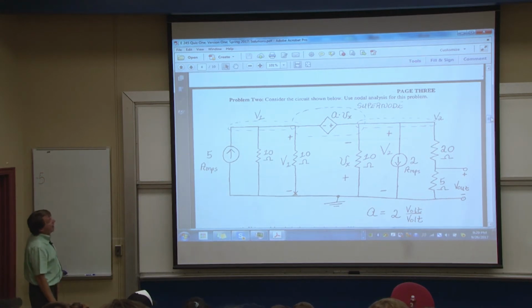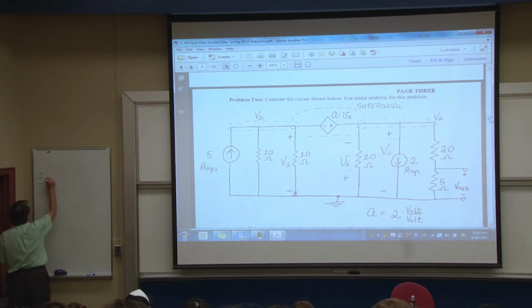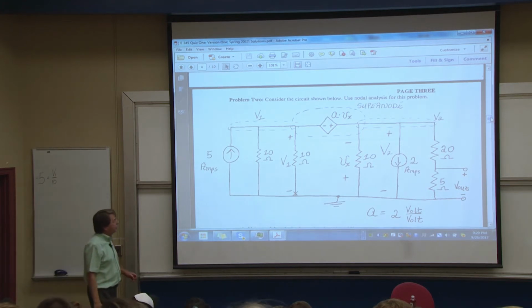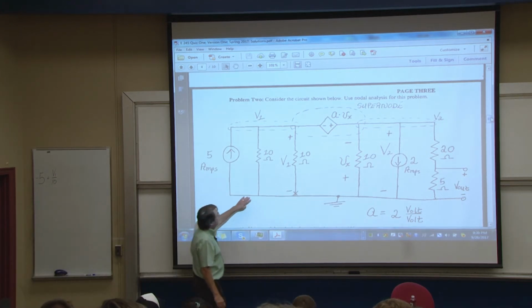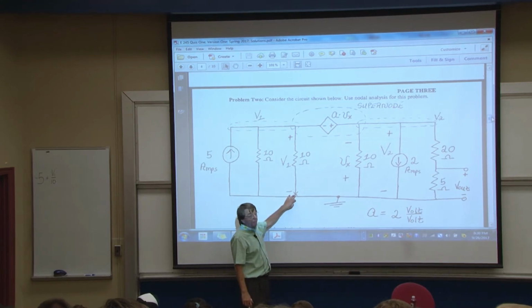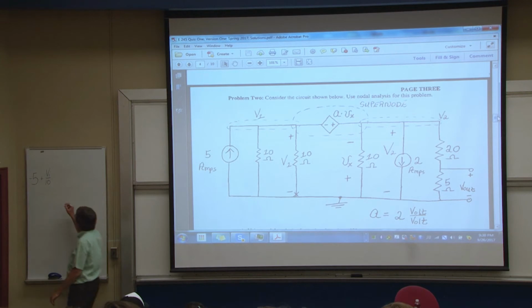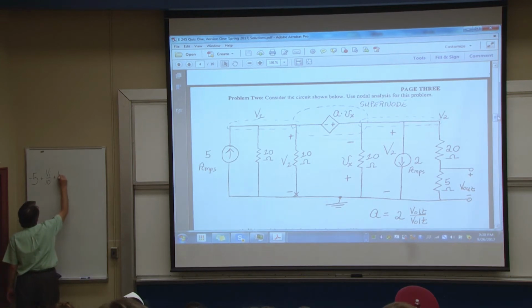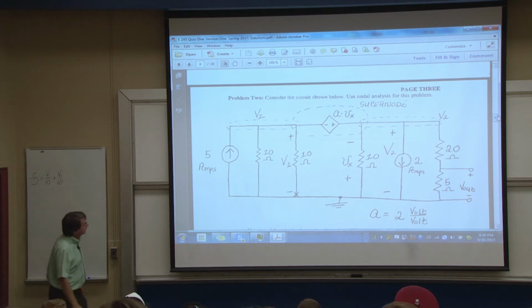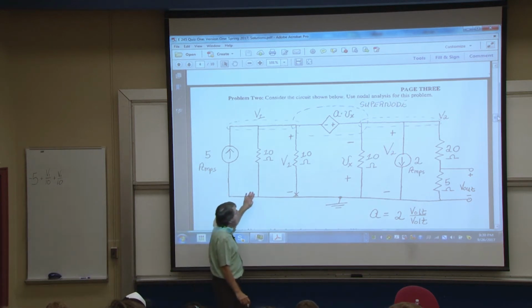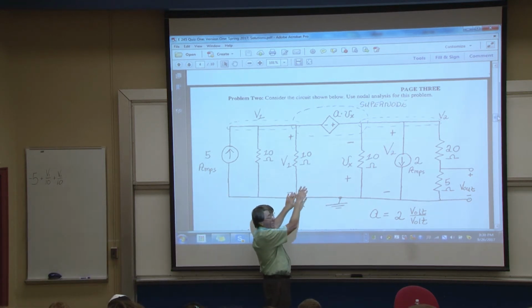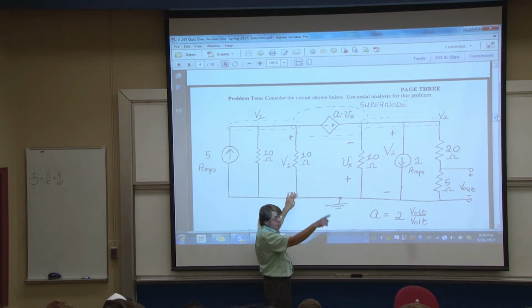That's minus 5 plus V1 over 10. That's V1 minus 0 over 10. Plus another V1 minus 0 over 10. Plus V1 minus 0 over 10. 1, 2, 3. Now, I'll get back to the supernode, but I'm not done yet.